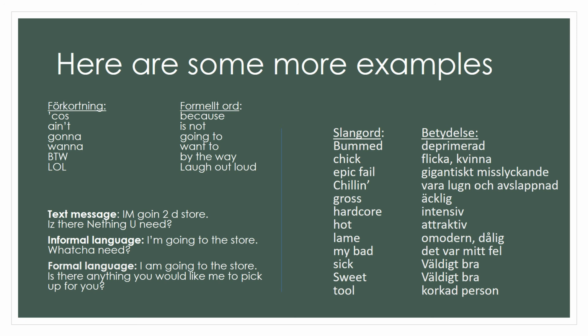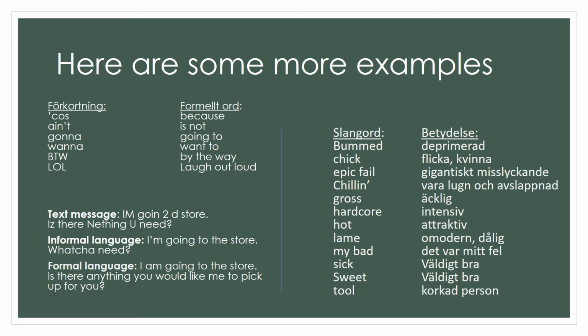In the left corner, I have written 3 examples. One example of a text message, informal language and formal language. I thought it was kind of fun. I don't really want to read the first one, the text message, because I don't really know how. But I guess it's sort of, I'm going to the store.